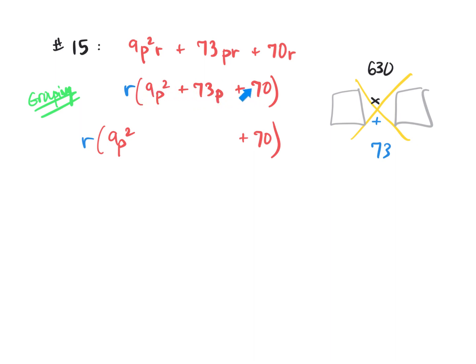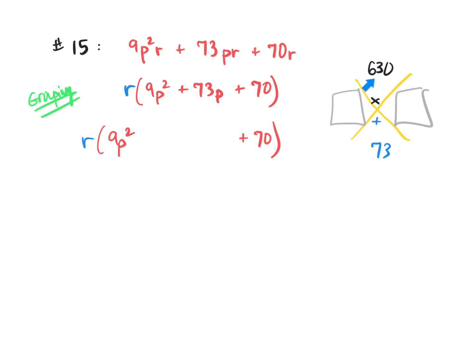So 9 times 70 is 630, we put that on top, and the middle coefficient b we put on the bottom. We put the multiplication symbol on the top and the adding symbol on the bottom, and we're looking for these two numbers, which will tell us what's going to go here, such that they multiply to give us 630 and they add to give us 73.